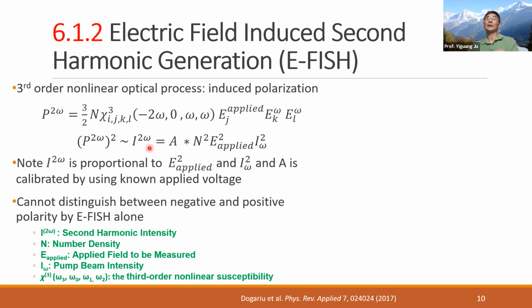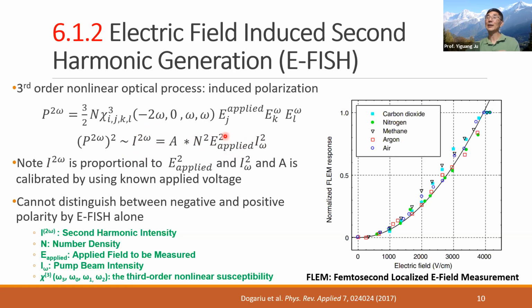So by measuring the second harmonic of a molecule, and knowing the laser intensity and the number density, you can calculate the electric field. This can be done by calibration.